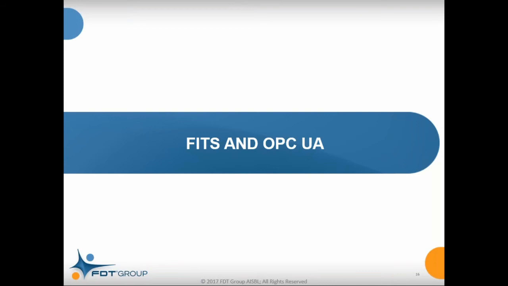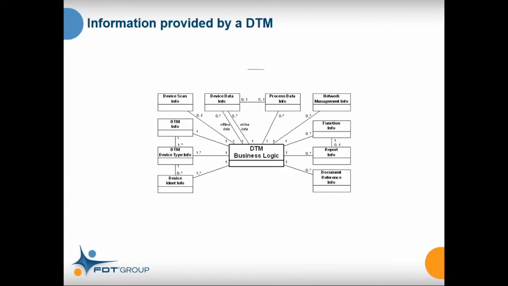So Glenn has already introduced the OPC UA project and the targets. One of the targets is to expose information to higher level applications, so MES or ERP level applications. The next slide basically talks about which information we want to expose. This slide is based on a picture already in the FDT2 specification.